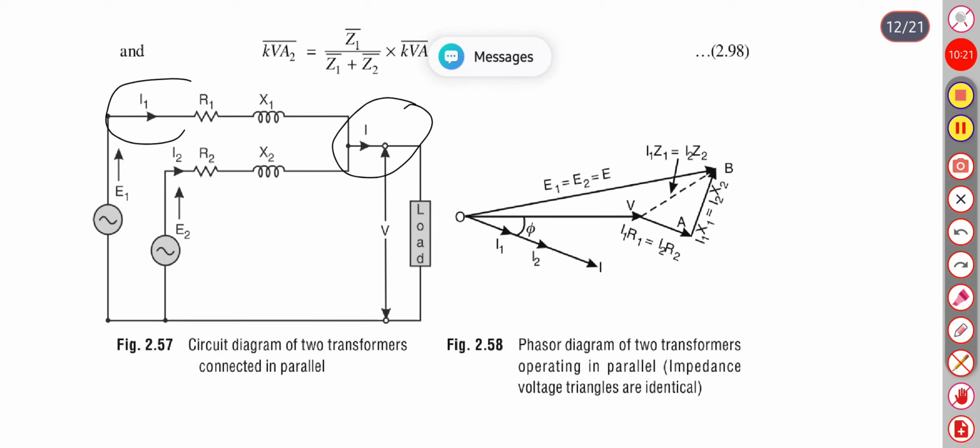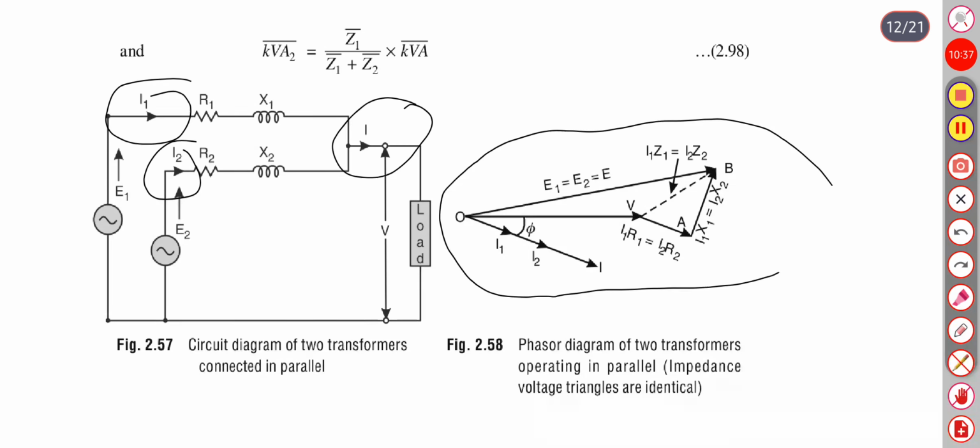The first transformer has current I1, the second has current I2. The impedance of both transformers is different, but they are represented by this triangle. I1 and I2 are lagging behind the voltage by an angle phi, and this is the total EMF. E1 equals E2 equals E on the secondary side.